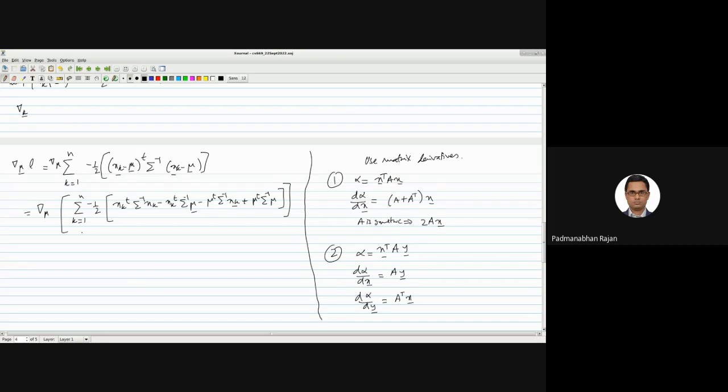We are going to differentiate this with respect to mu. There is no mu in the first term, so it will vanish. And for convenience I am going to rewrite xk transpose sigma inverse mu as mu transpose sigma inverse xk. These are all vectors.